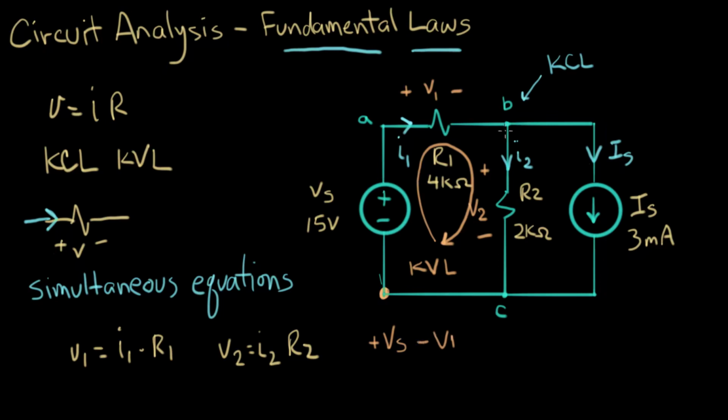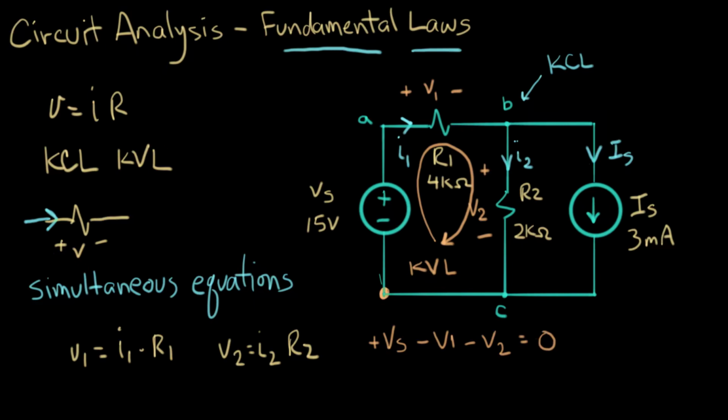I'm at this point. Now I'm going to go through R2 and I see a voltage drop of V2, minus V2 equals 0. That's Kirchhoff's voltage law around this loop. 1 rise, 2 drops.